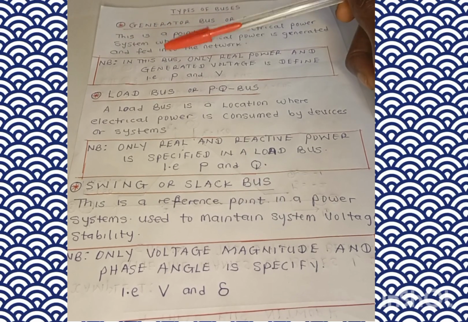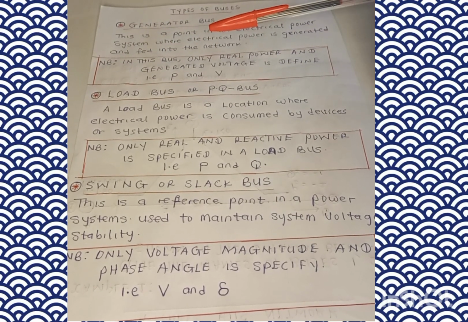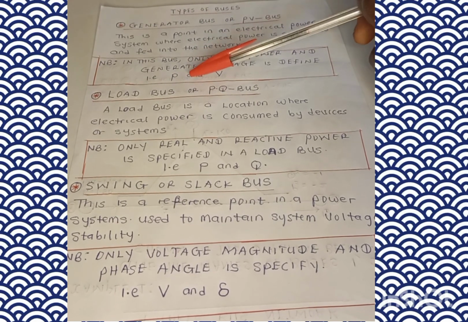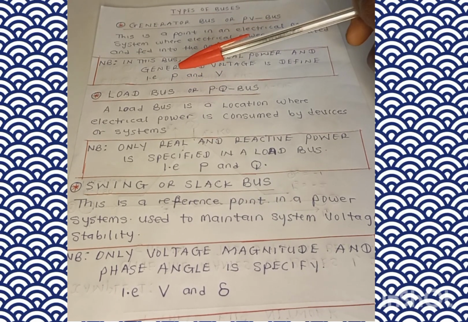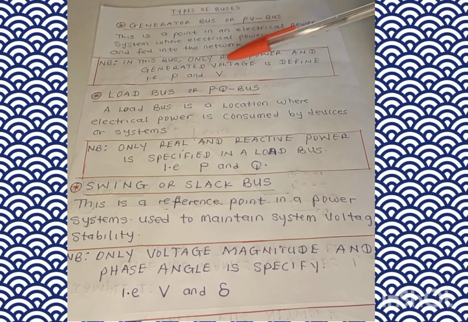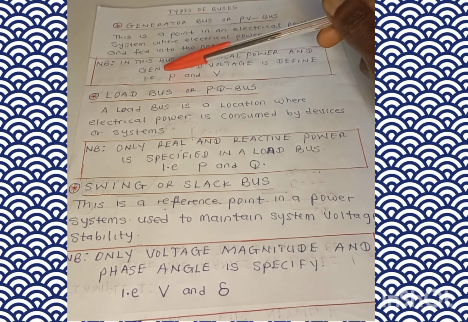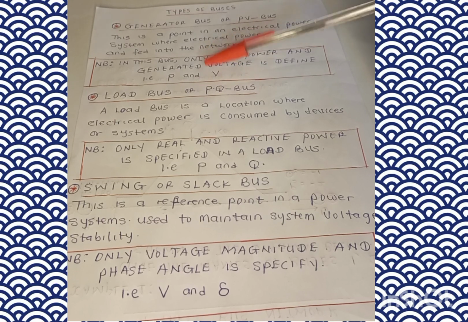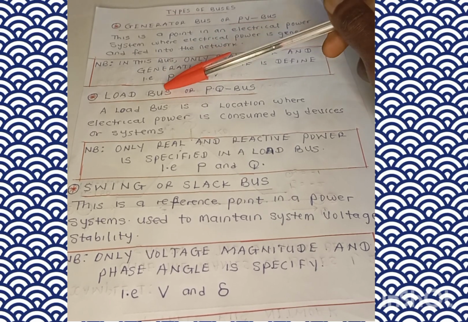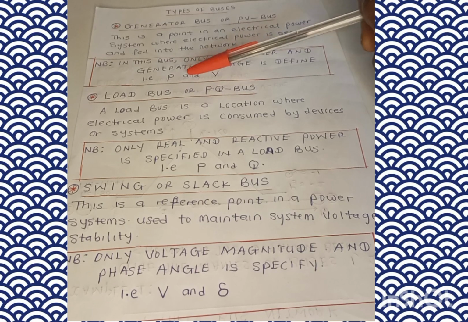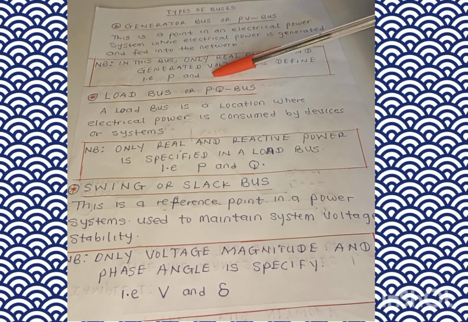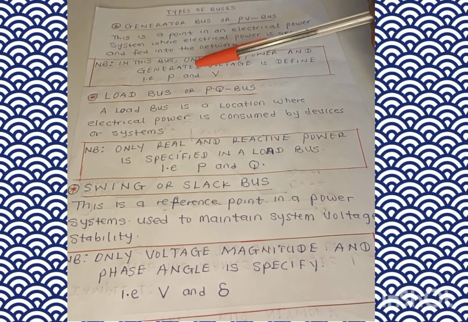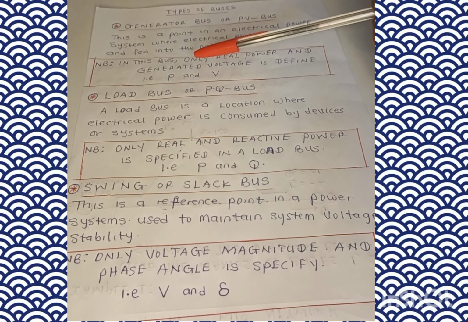In this bus, only real power and generated voltage is specified. Any bus that contains P and V is known as the generator bus. P is the real power, then V is the generated voltage.